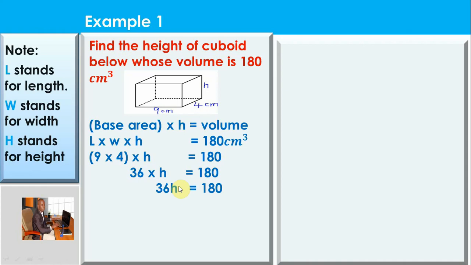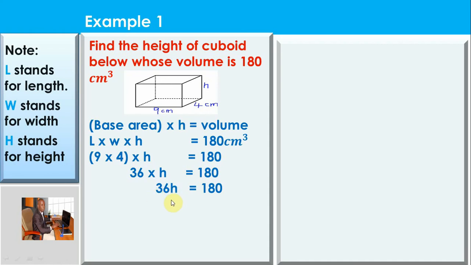180. Now having reached this step, what do we need to do? What we are looking for here is h. Now h has a coefficient which is 36. So therefore, for us to get this h, we need to divide both sides by 36.